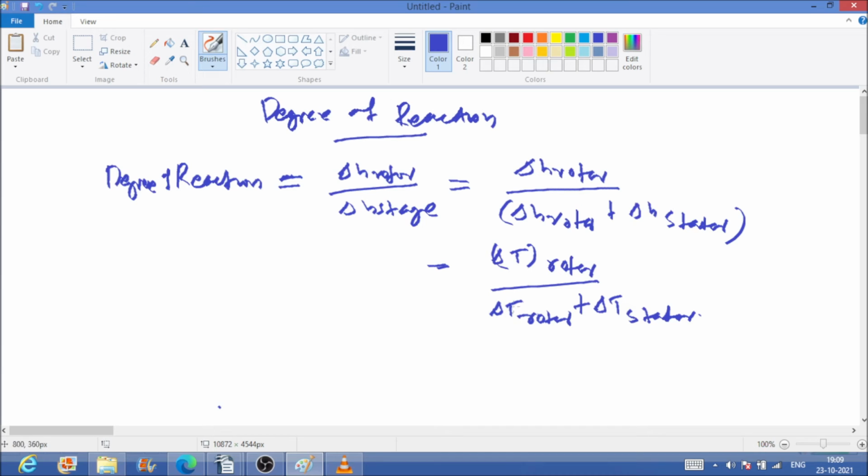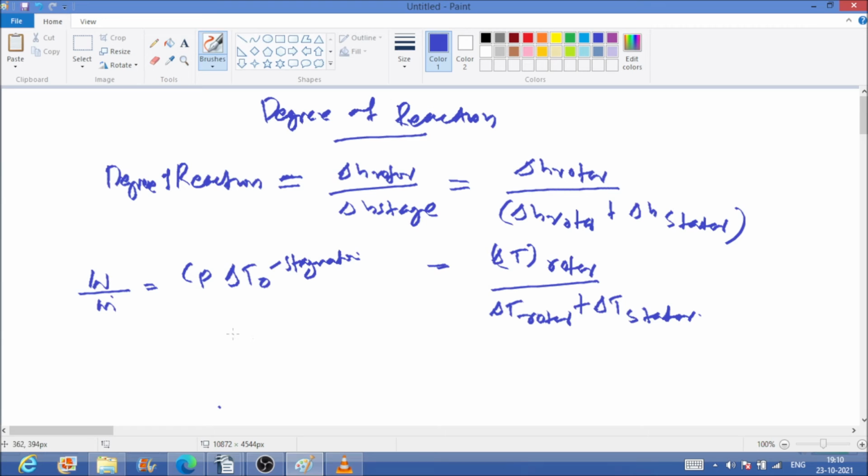This is also the static temperature difference, and I know W, work per mass flow rate, is equal to Cp delta T0. This is the stagnation temperature difference, here it is the static temperature difference.